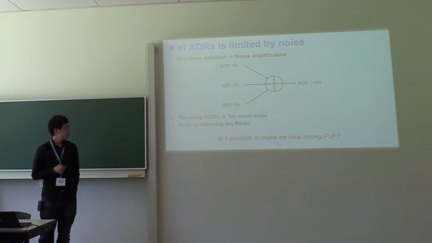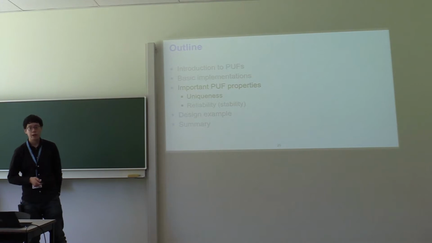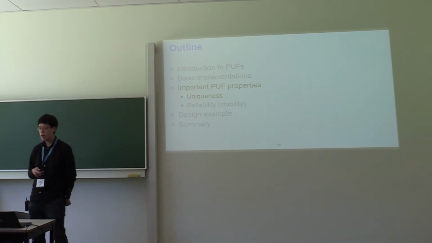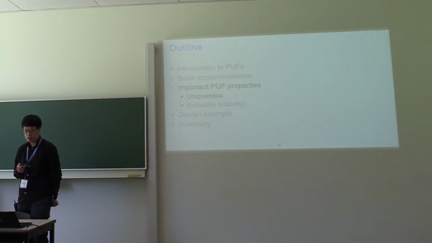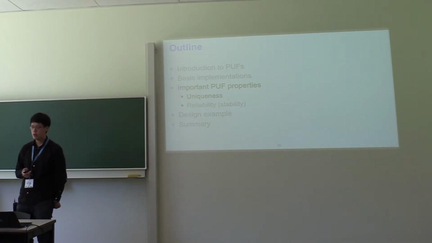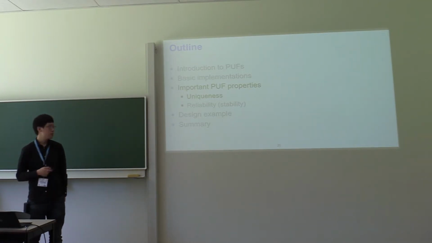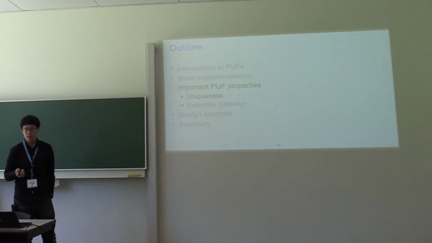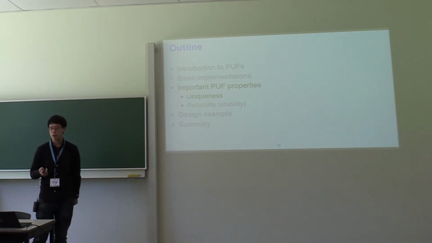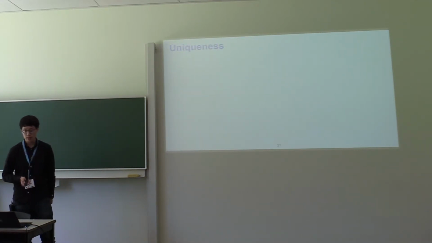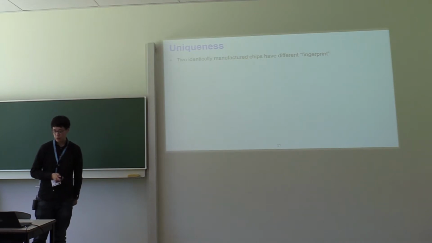As we have talked about these two basic implementations, I will now show you some basic PUF properties, focusing on the uniqueness and the reliability of the PUFs. First, uniqueness. What is uniqueness?